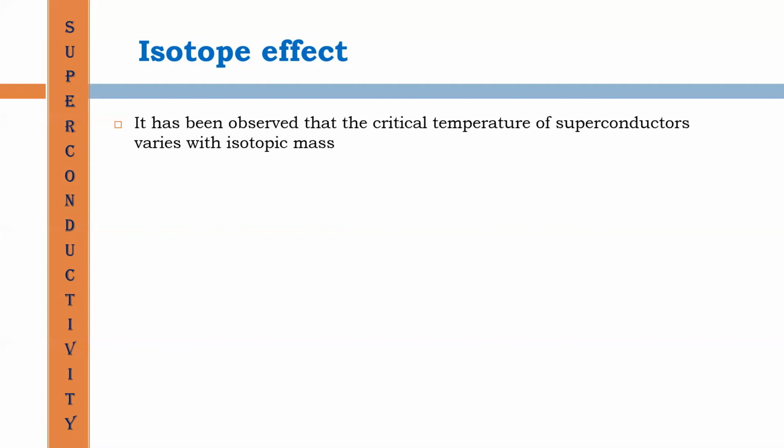This was observed by Maxwell in 1950. So the isotope effect is that the critical temperature of the superconductor varies with isotopic mass.